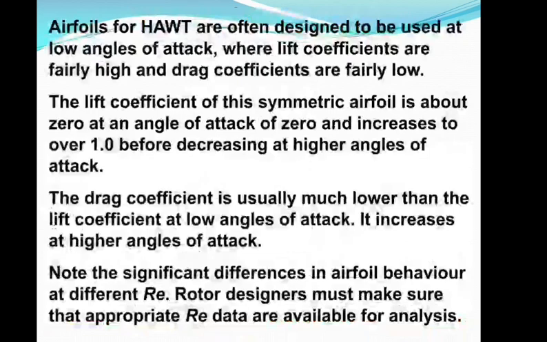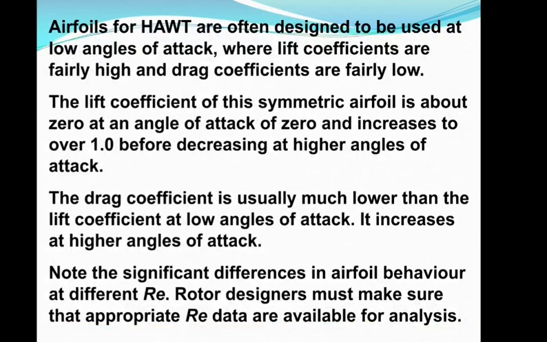In the next section we will discuss the airfoil of horizontal axis wind turbines, which are often designed to be used at low angle of attack, where lift coefficients are fairly high and drag coefficients are fairly low. The lift coefficient of this symmetric airfoil is about 0 at an angle of attack of 0 and increases linearly, decreasing at higher angles of attack. The drag coefficient is usually much lower than the lift coefficient at low angle of attack.